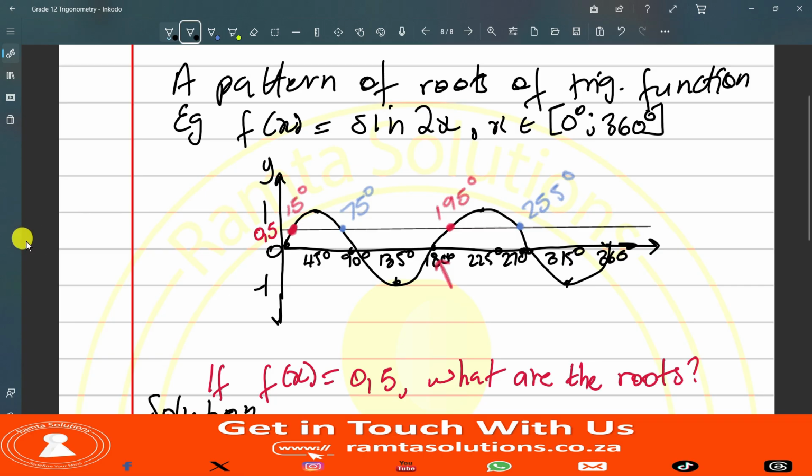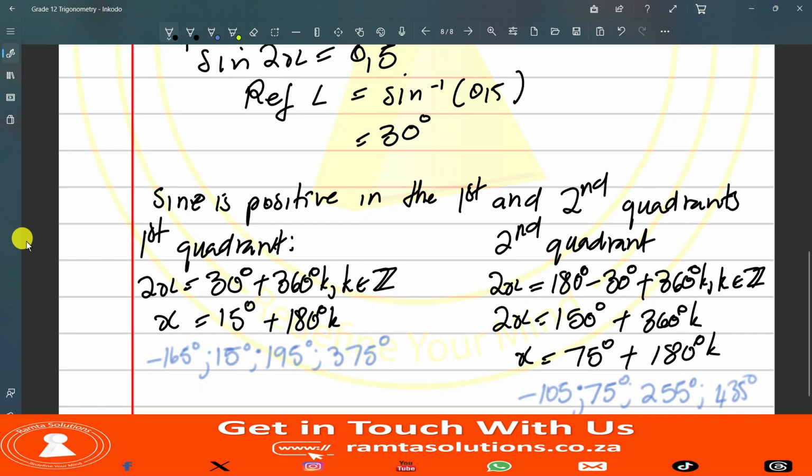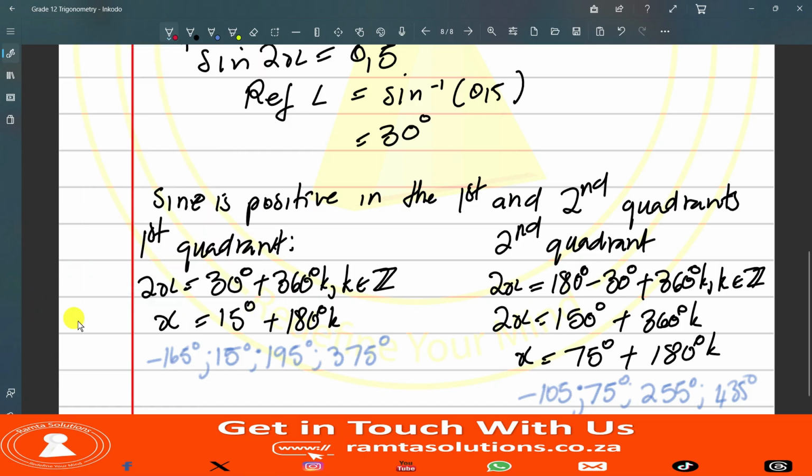So this information does not require me to have negative angles. It only requires me to have angles that are between 0 degrees and 360 degrees. So I then see, oh no, I will have to eliminate those that are outside my domain. For example, this is outside my domain. This is outside my domain. Outside my domain, outside my domain.